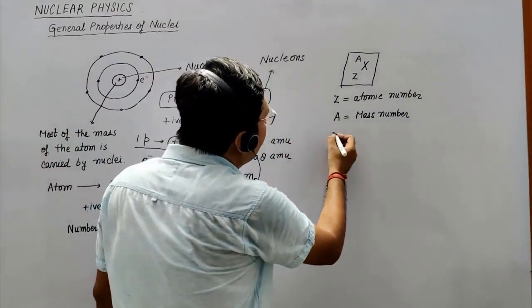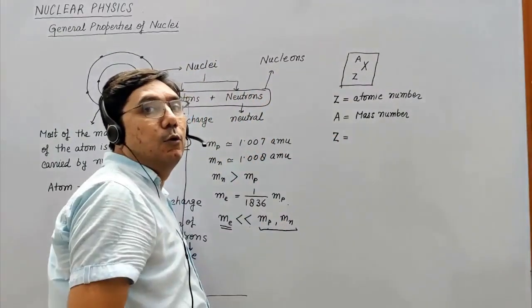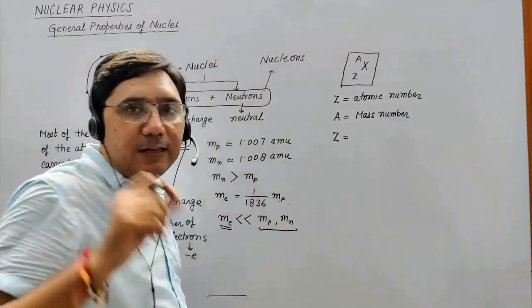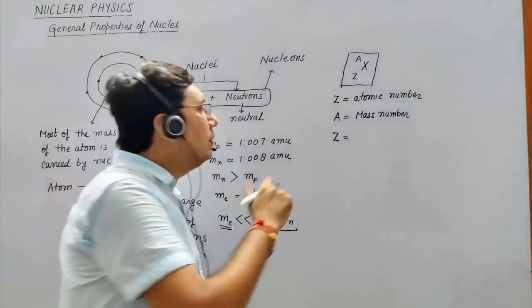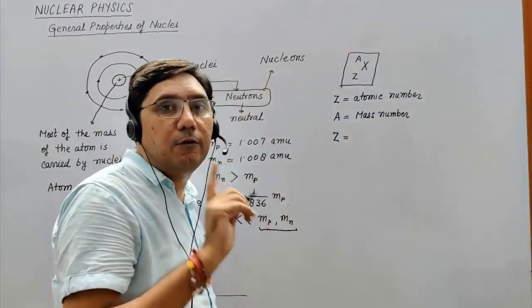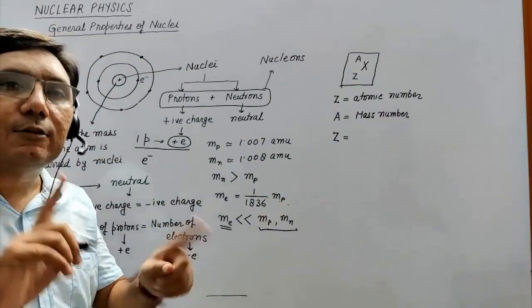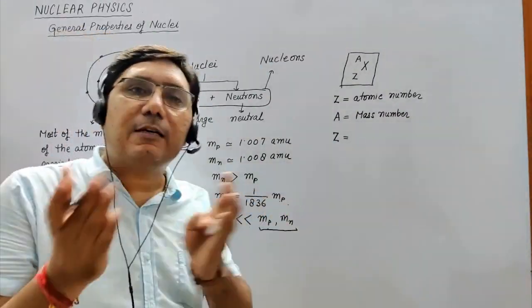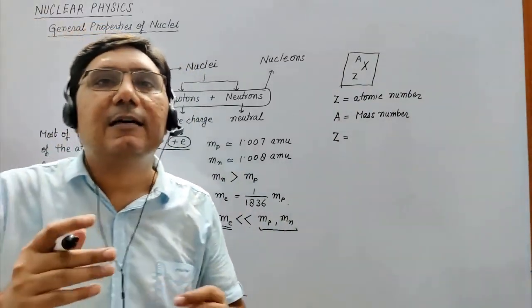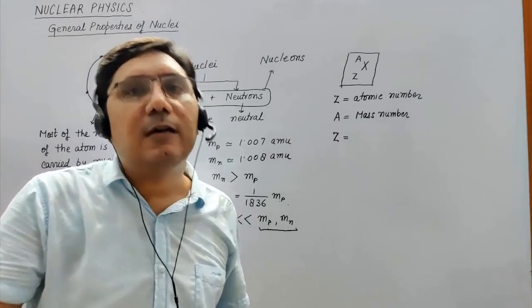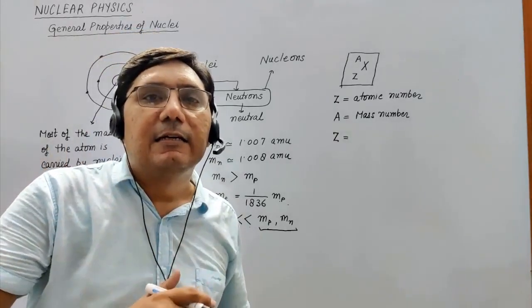What is the meaning of atomic number? This Z number is always equal to number of protons. Always remember that this Z number is always equal to number of protons. It's not equal to number of electrons. In a neutral atom, protons and electrons are equal, so Z will also be equal to the number of electrons. But the atoms can convert into different ions. It can create positive ion, it can create negative ion.